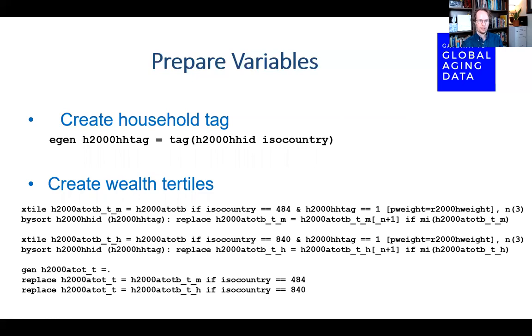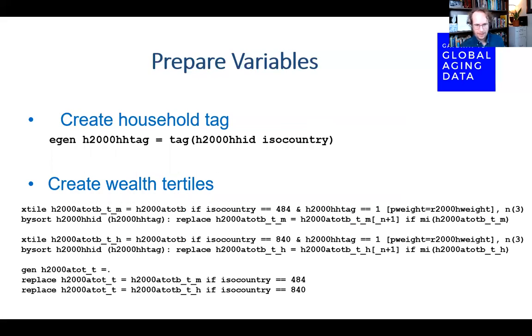But for creating a variable like the wealth tertiles, we want to make sure that we're only considering each household, whether it's represented once or twice in the data set, only once in how we create our tertiles.